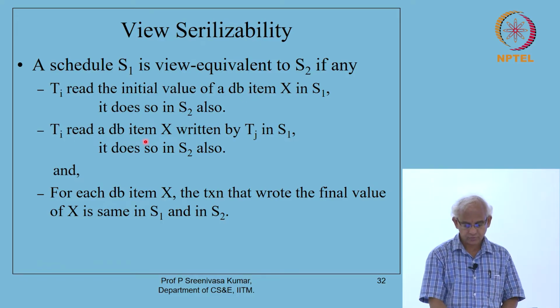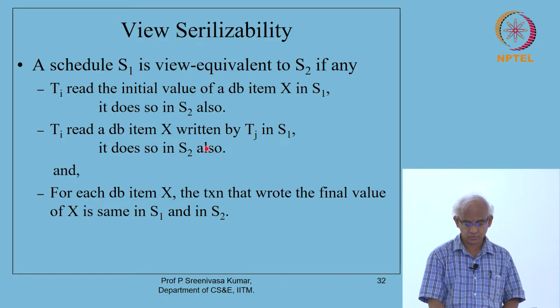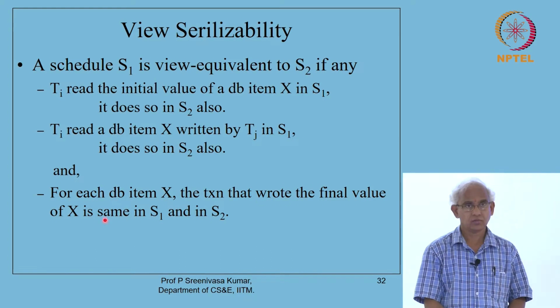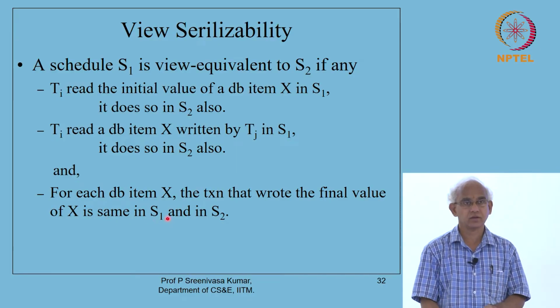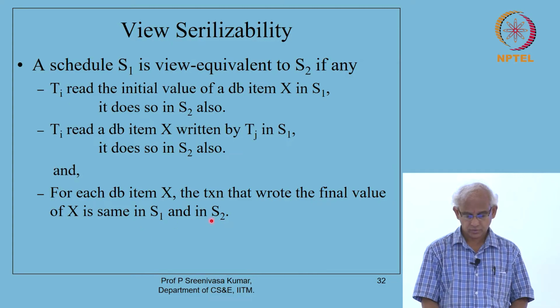And if a transaction Ti reads a DB item X written by some other transaction Tj, then the same thing happens in S2 also, in the same relative order. Then for each of these database items, the transaction that wrote the final value of X is again going to be the same in both S1 and S2.